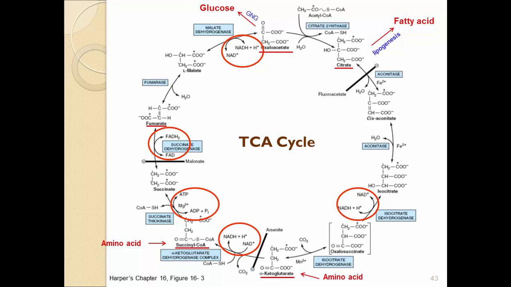Oxaloacetate is one of the key molecules in the gluconeogenic pathway, right? So oxaloacetate can leave the TCA cycle and continue on the gluconeogenic pathway for glucose production. So amino acids can go through part of the TCA cycle reactions for gluconeogenesis.